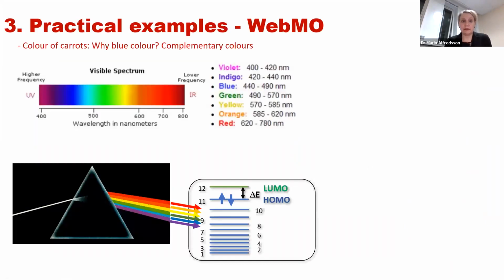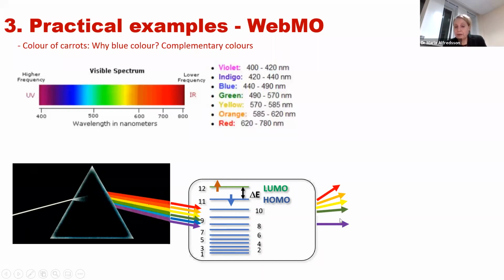So what does it mean? What is the color of carrot then? I have my HOMO, and when I shine light on it, all the different colors are going to hit my sample. I excite 1 electron from the HOMO to the LUMO, and when I do that, I will absorb 1 wavelength.